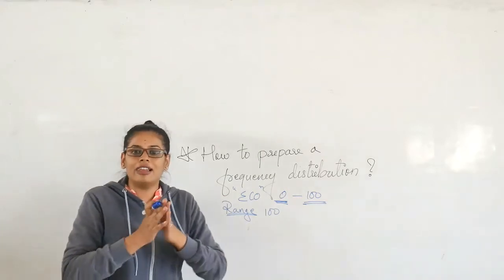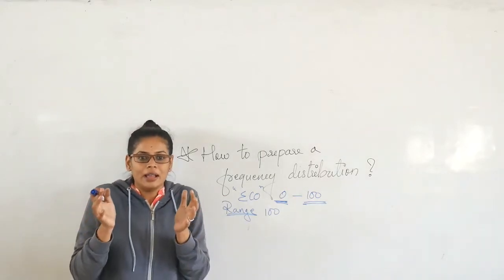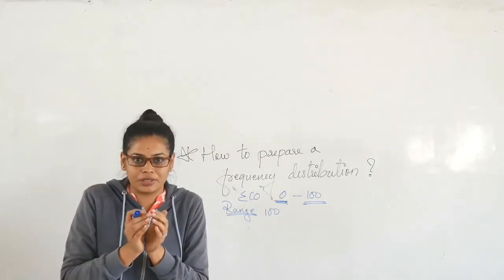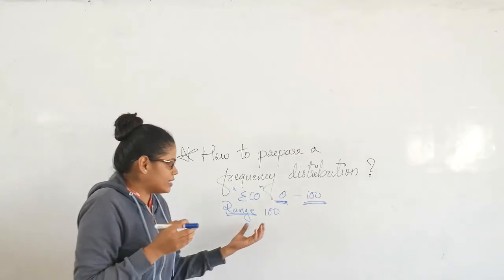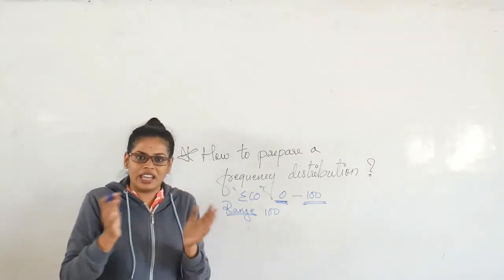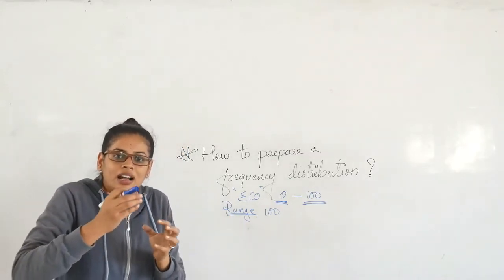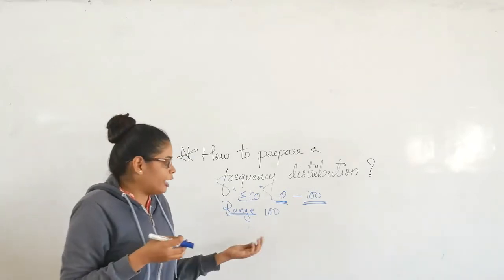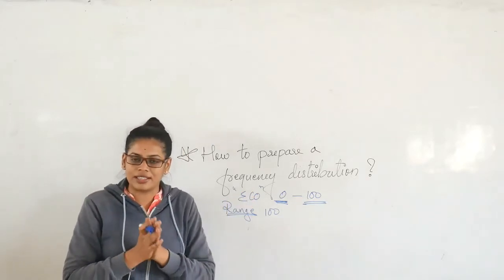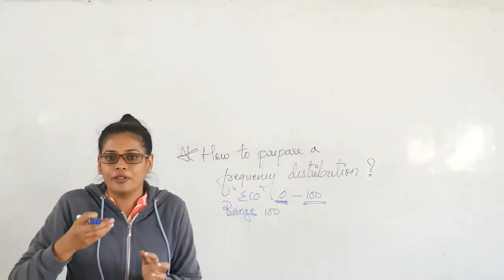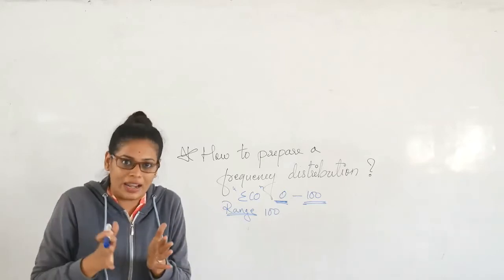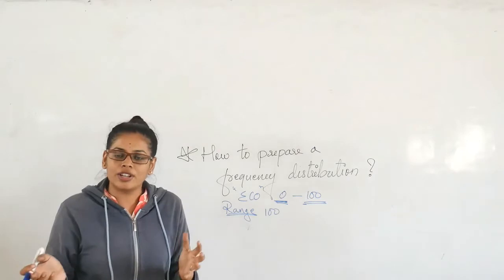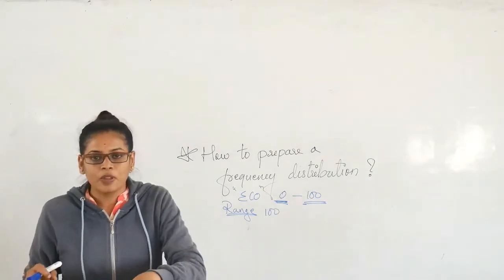When we have a large range, we cannot make very small values, right? As you make large variations, we will be losing some of the data or some of the observations. And if you make very small variations, then there are chances of making it very narrow. So it should be neither a large variation nor a small variation.